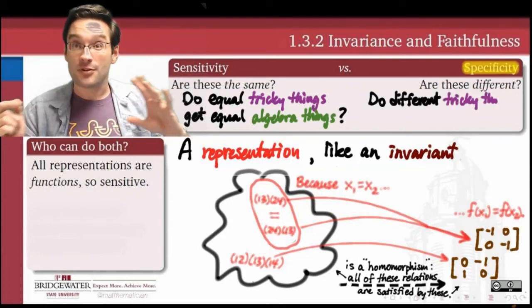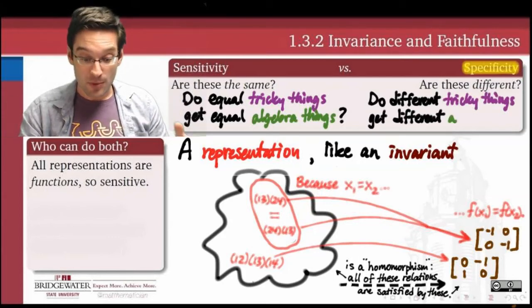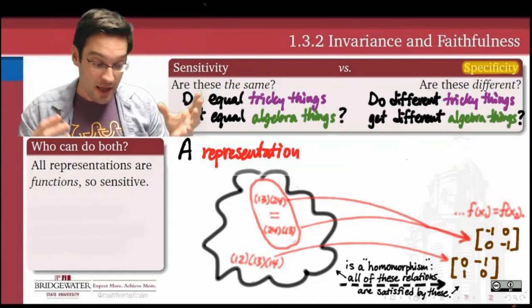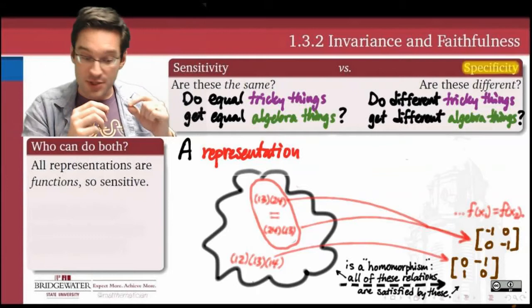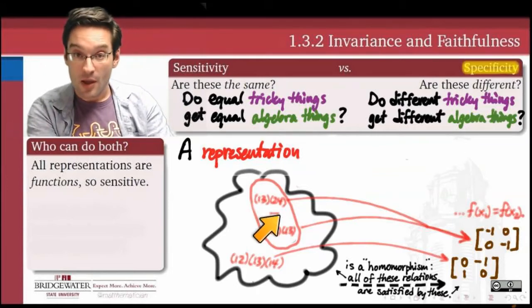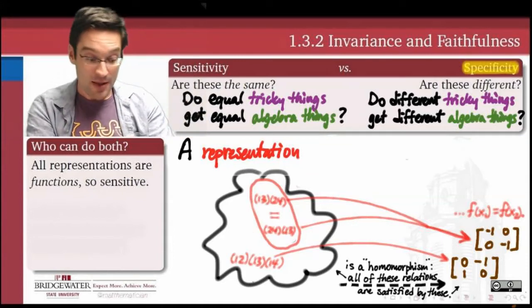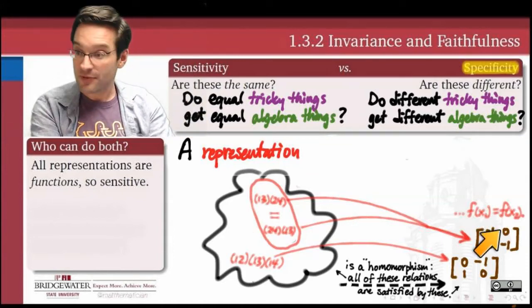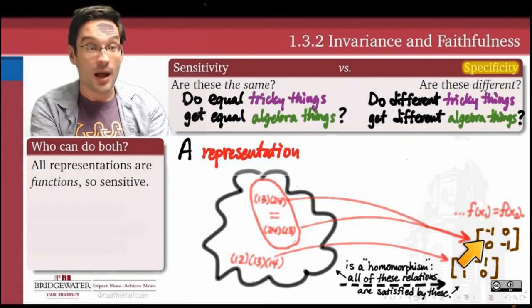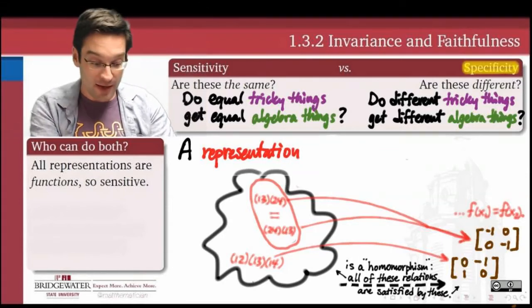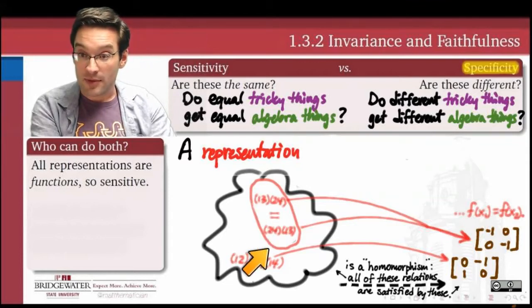It's the converse question that gives us the keys to the kingdom if we can answer it in the affirmative. If I have two different tricky things, will they always be represented by different simple things? So if I find a difference between two simple objects in my algebraic setting, does that always reflect a difference in the objects from whence they came back in my original setting?